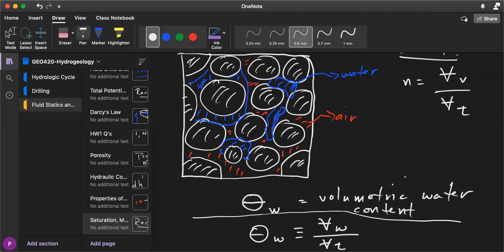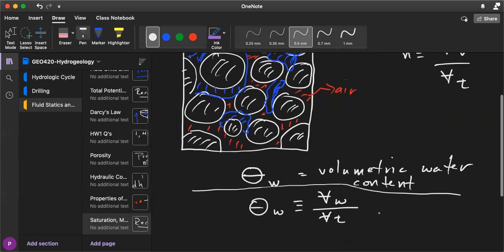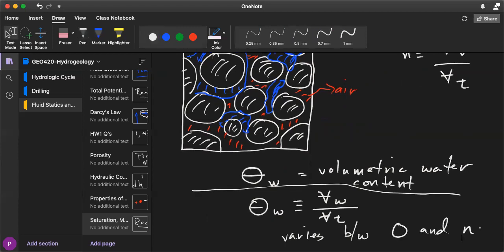So VW here would equal VV, right? So what would this go to? Porosity, right? If this is equal to VV, then I have VV over VT, porosity. So this guy varies between 0 and porosity. Its maximum value is porosity.